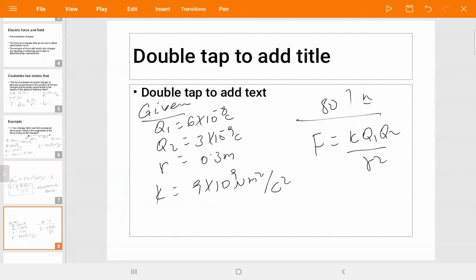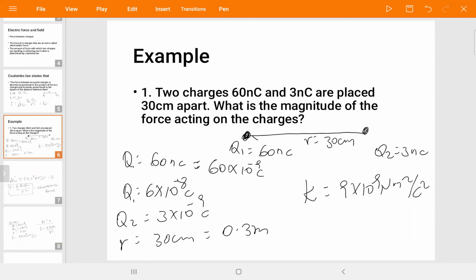And we have seen one problem, which is about the force between two point charges, 60 nanocoulomb and 3 nanocoulomb, placed, assume, in free space, 30 centimeters apart.